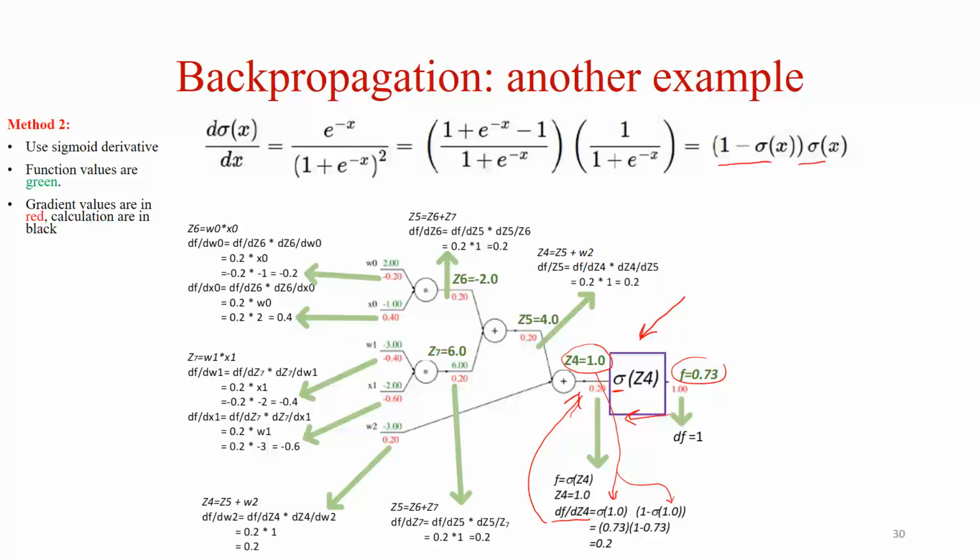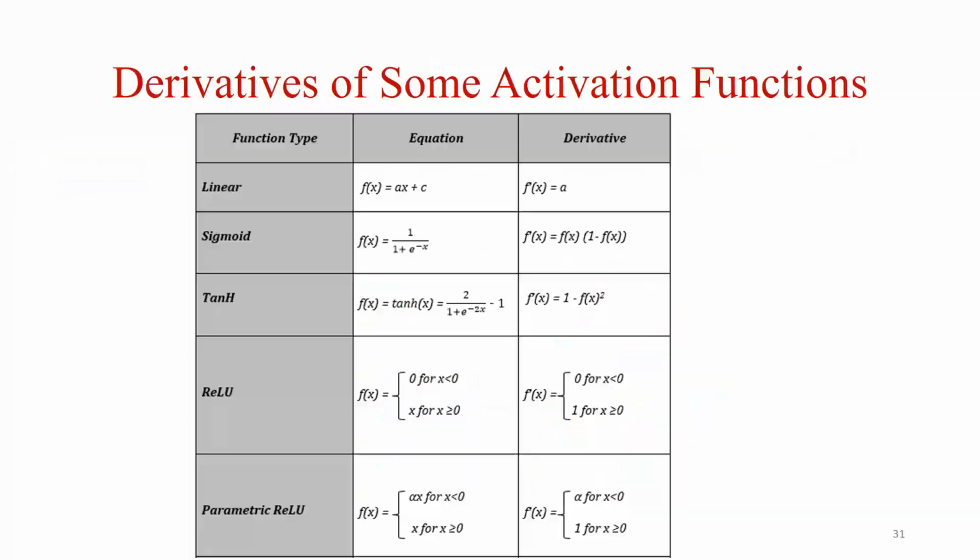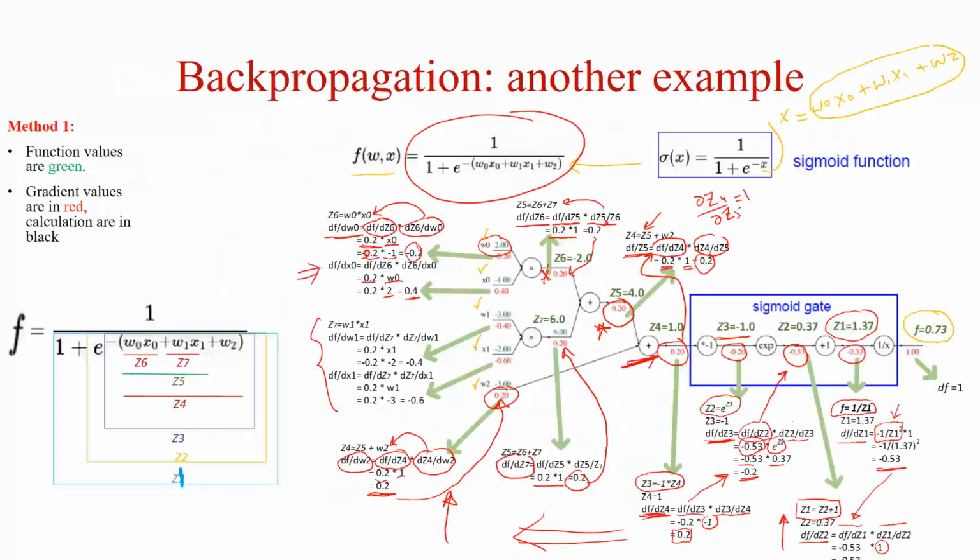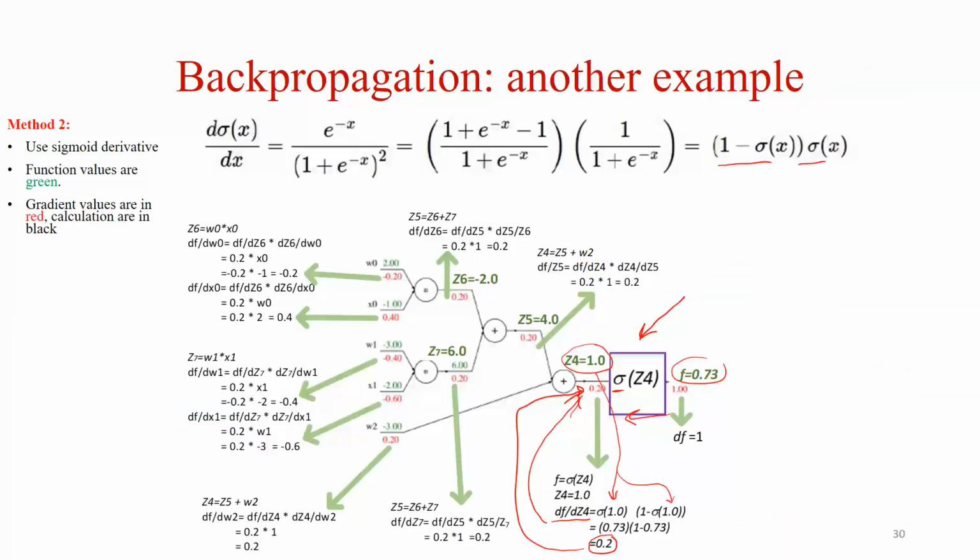You do the math and you get 0.2, which is right here in red. Now, using the sigmoid function instead of these internal computations saves me some time. But whether you use the sigmoid or you use the detailed calculation, you should get the same results.